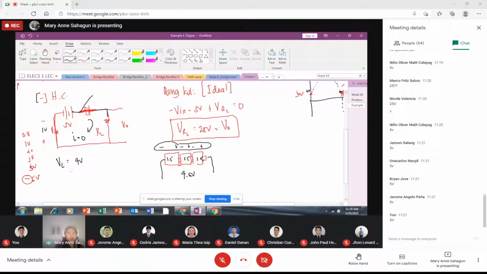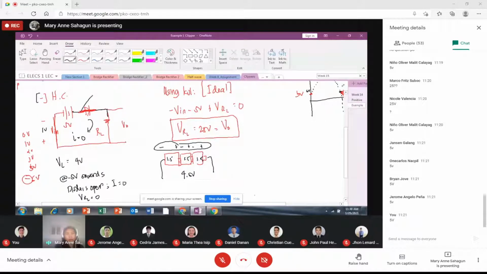So, meaning to say, class, at negative 5 volts onwards, your diode is open and your voltage across your RL is simply equal to 0 because your current is simply equal to 0.